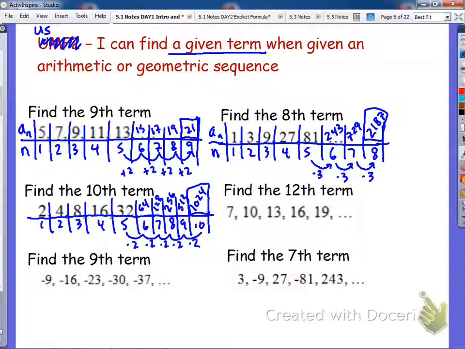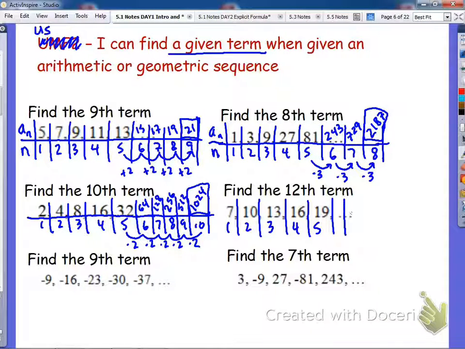Is that what you got? Okay, so 1024. Are you with me? We doing good so far? All right, so find the 12th term. So I've got the first 5 terms, and I want to go to the 12th term.